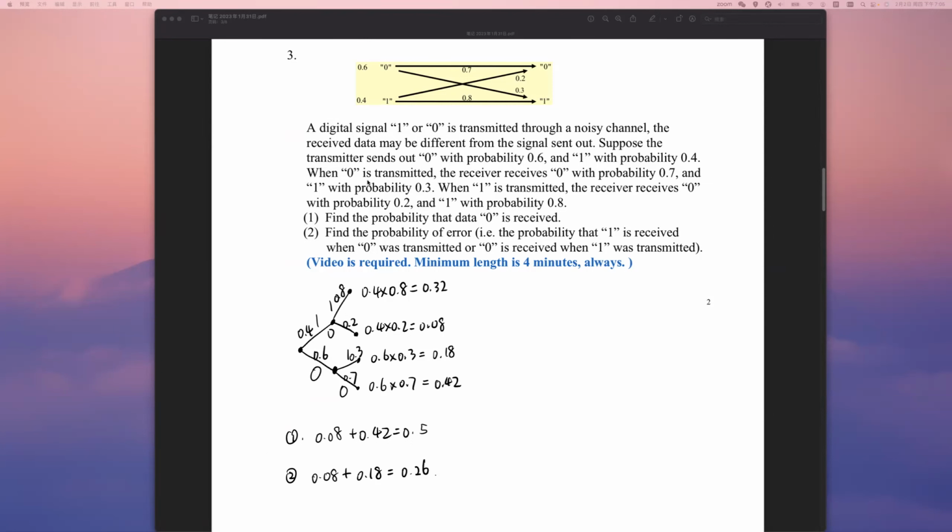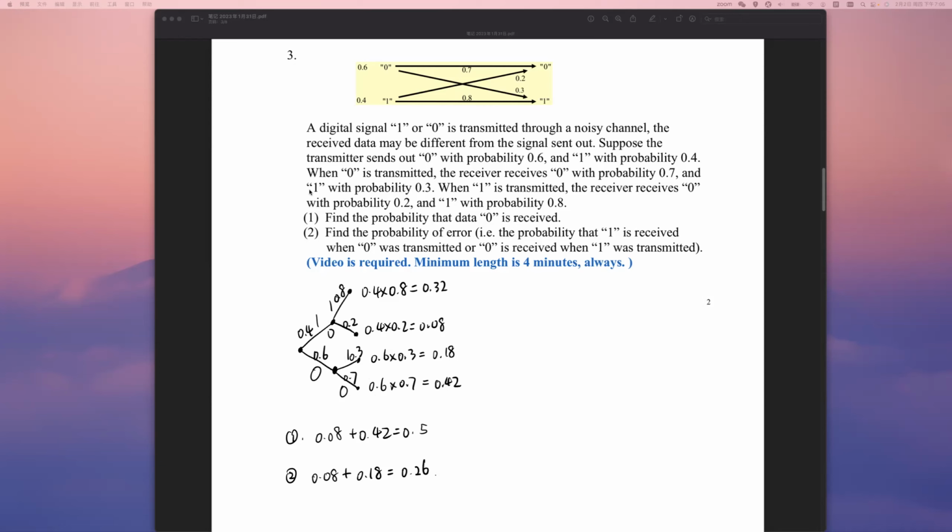And in the second step, when 0 is transmitted, the receiver receives 0 with probability 0.7. So when 0 is transmitted, the probability of receiving 0 is 0.7, and probability of receiving 1 is 0.3. So I write 0.3 here when 0 is transmitted and receive 1.